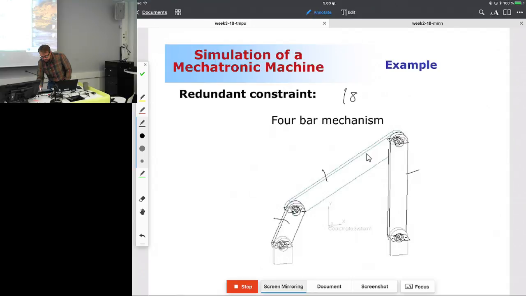Then I have a certain number of revolute joints. Each revolute joint needs 5 constraint equations. How many revolute joints do I have in the system? 1, 2, 3, 4, right? So it's 5 multiplied by 4, what's that? 20. So it's minus 2.